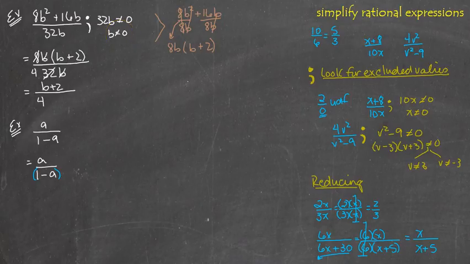That's an extraneous value or an extraneous solution. And here I would do the same thing. I'd say 1 minus a cannot equal 0, which means that a cannot equal, what would that be? A cannot equal 1 because 1 take away 1 equals 0, and that would never be allowed.